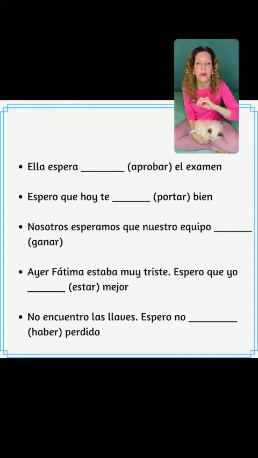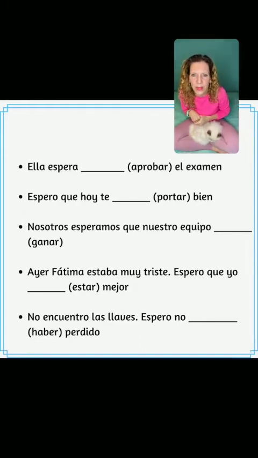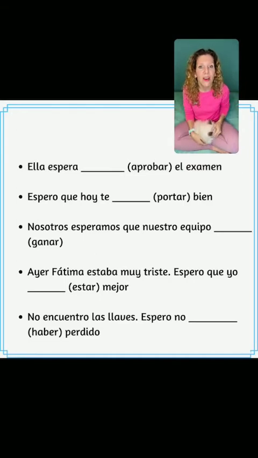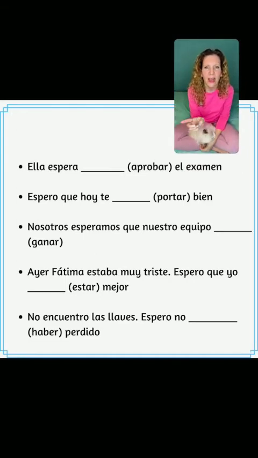If you don't know how to conjugate subjunctive, it doesn't matter. Only write down indicative or subjunctive. It has to be subjunctive because it's a different subject. Espero que hoy te portes. I hope you behave. Espero que hoy te portes bien.